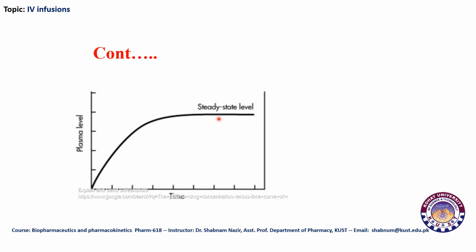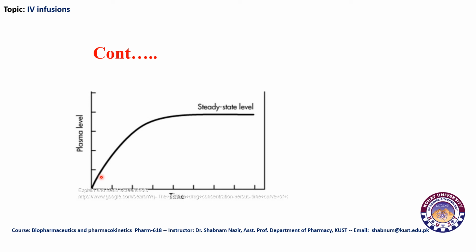But before that, what is happening is that, as we know, drug is being administered at a zero order rate, and with every passing time the concentration is increasing, because the drug is being administered at a constant pace. On the other hand, initially the elimination process will be slow.